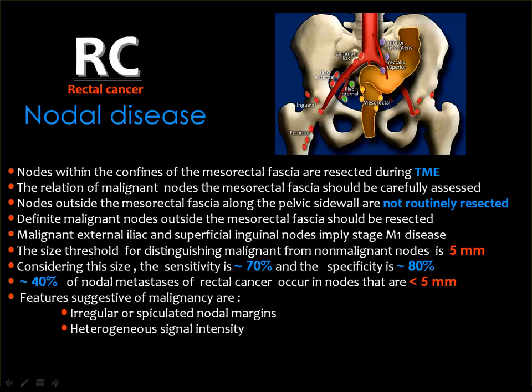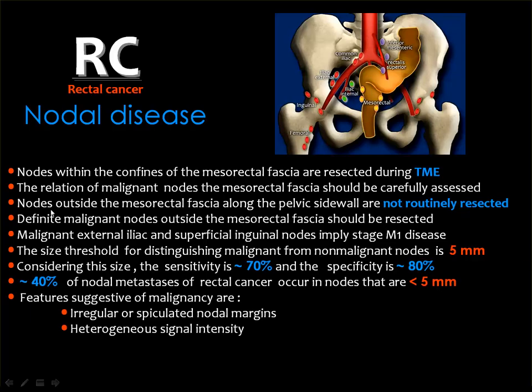Then we come to the lymph nodes. The lymph nodes that are present within the mesorectal fascia are resected in total mesorectal excision. The relation of a malignant node to the mesorectal fascia should be carefully assessed, and there should be a distance of more than 1 millimeter between the nodes and the mesorectal fascia.